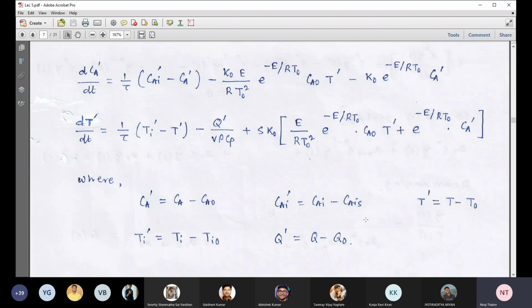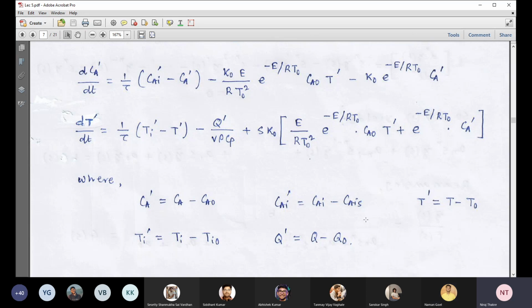Who else got the equations? Yes, sir, they are matching. Matching? Good. Anyone else got the results? Yes, sir, matching. Good.